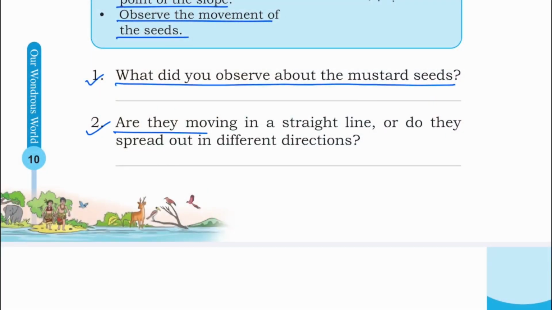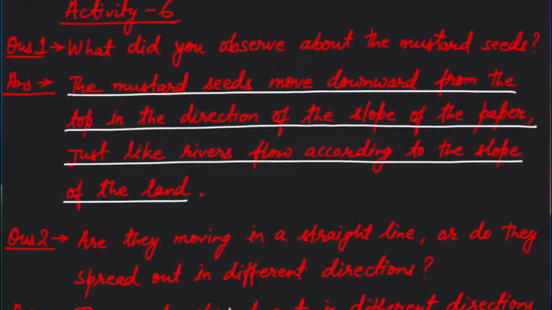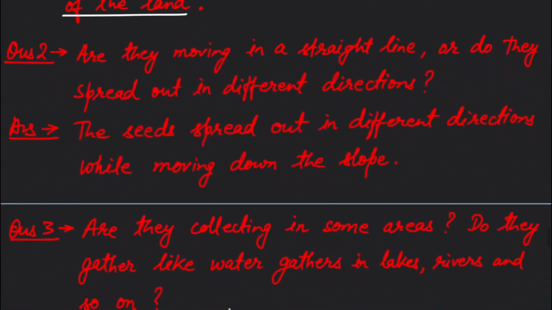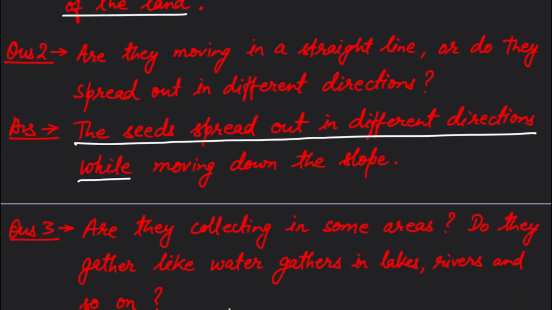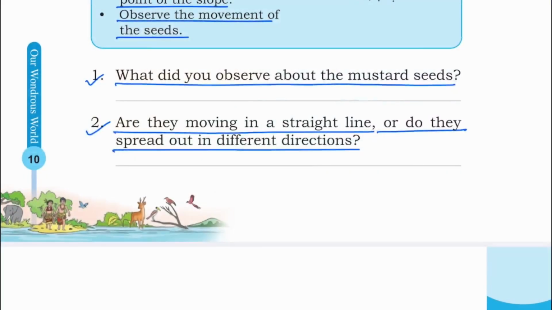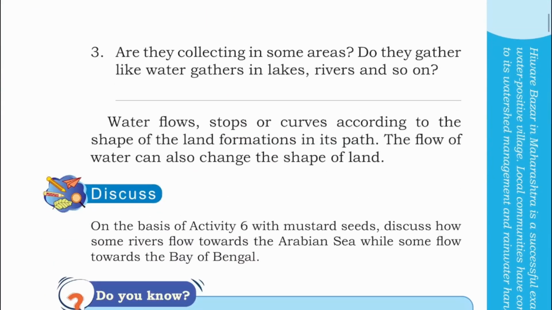2. Are they moving in a straight line or do they spread out in different directions? The seeds spread out in different directions while moving down the slope. 3. Are they collecting in some areas?